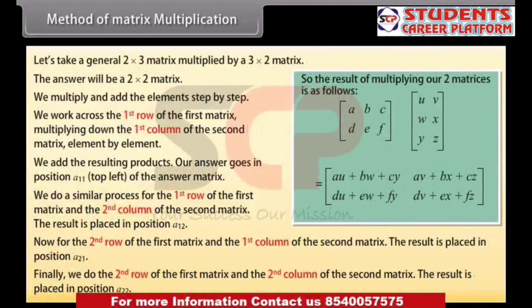So, the result of multiplying our two matrices is: the matrix row-wise first row A, B, C, second row D, E, F, multiplied by the matrix row-wise first row U, V, second row W, X, third row Y, Z, produces the matrix row-wise first row AU plus BW plus CY, AV plus BX plus CZ, second row DU plus EW plus FY, DV plus EX plus FZ.